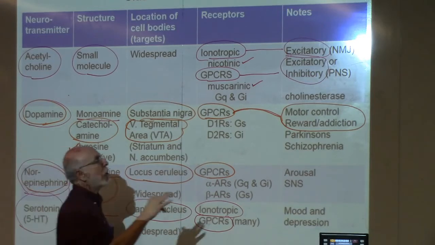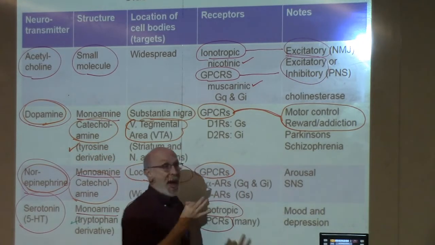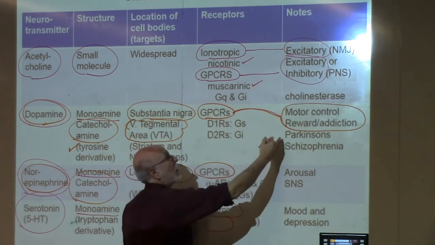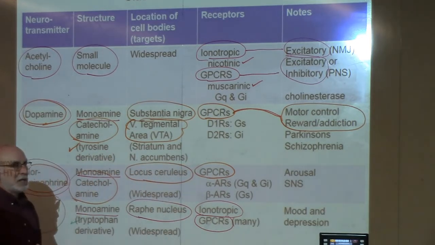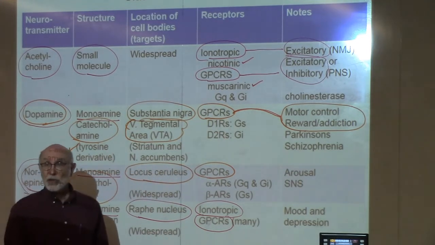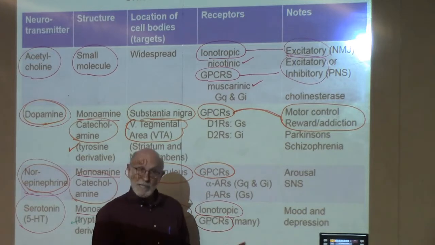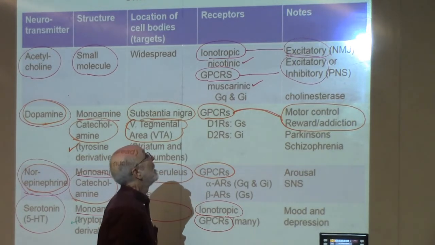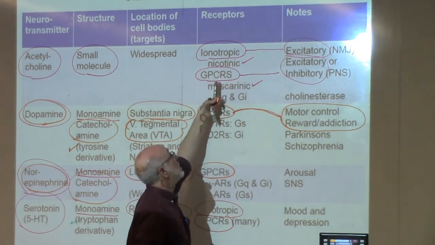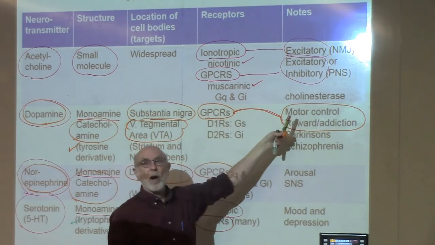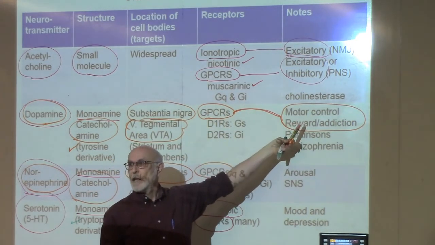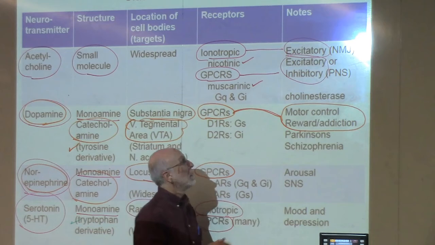I'm not going to ask you to know right now that abnormalities in this pathway are associated with some disease states. So we're not going to talk about pathophysiology too much, although it's really interesting. We're going to talk mostly about physiology because that's the name of the course. Dopaminergic GPCRs are important in these physiological properties.